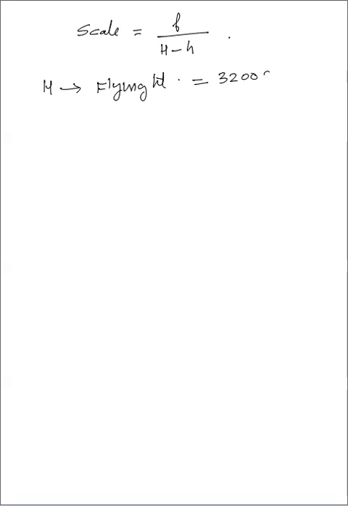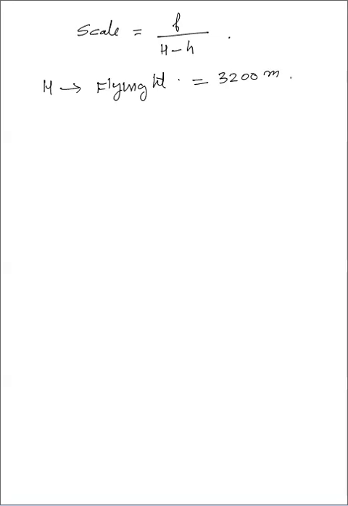We know the formula of scale. Scale is equal to f, the focal length, upon capital H minus h. We know what capital H is; it is basically the flying height. We have been given the value of H as 3200 meter.